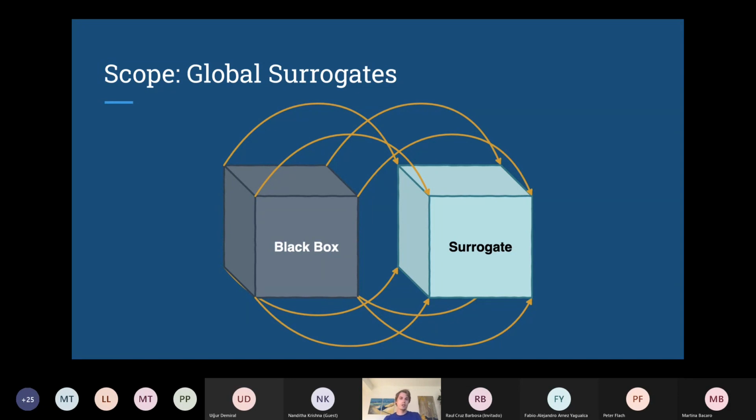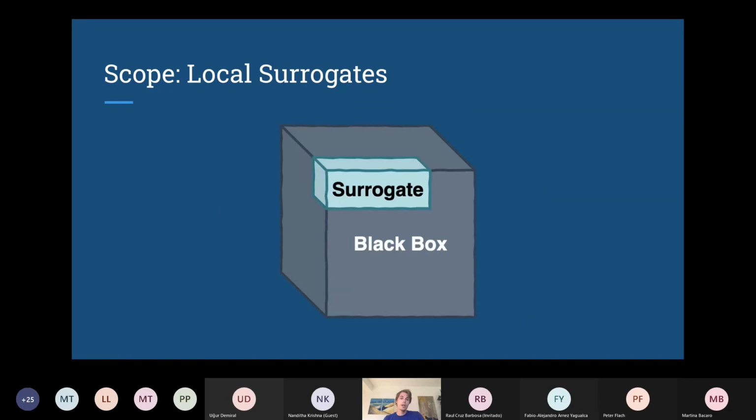We can either have global surrogates, where we try to approximate the entire black box process, or a local surrogate, where we are just trying to approximate a small bit of the black box. So for example, imagine trying to explain either a whole predictive model or just the behavior of this black box model for a certain person or a group of people, like a cohort.